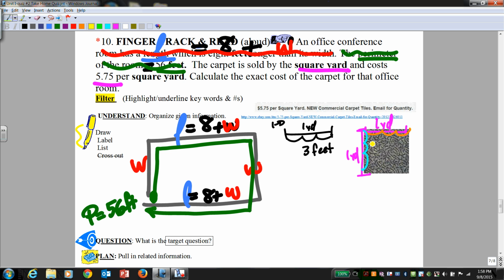So be very careful. 1 square yard, 1 yard squared is actually equal to, count it, 1, 2, 3, 4, 5, 6, 7, 8, 9 feet squared. You're going to need that down the road. Your conversion rate, 1 yard squared equals 9 feet squared. It is not a 1-to-3 ratio.